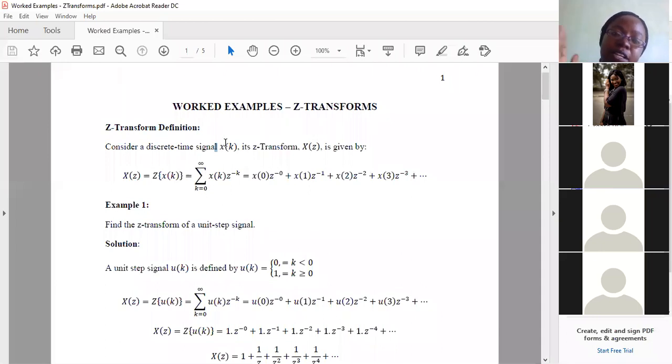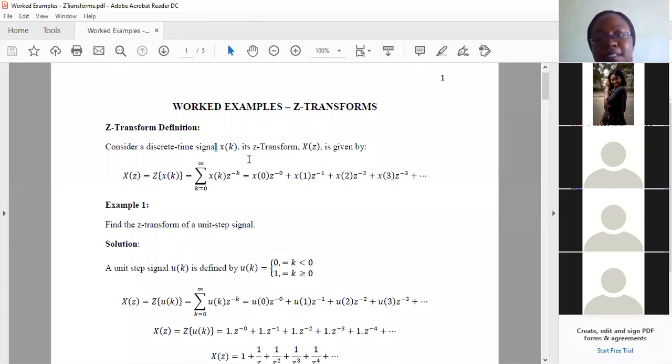So for the integer variable, we're only going to have that k value as integer instances. So k can only be 0, 1, 2, 3, 4, 5. You can also have negative values. You can have negative or positive values.